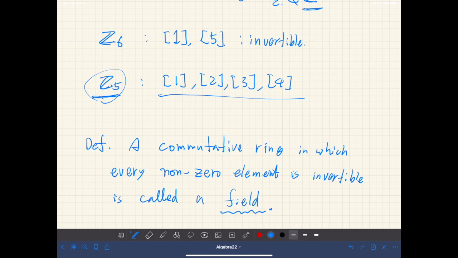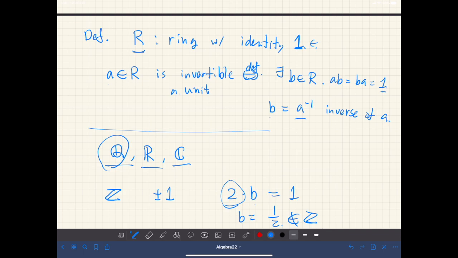So the set of rational numbers, real numbers, and complex numbers, they are fields.